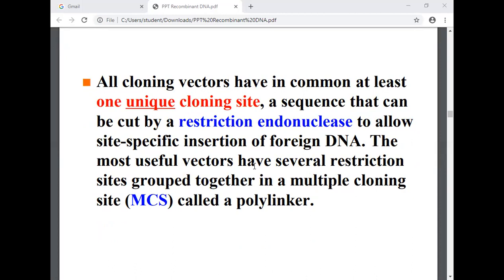There are unique cloning sites, right, which can be cut in specific positions using restriction endonuclease, and there are vectors having multiple such cloning sites. Those are known as polylinkers.